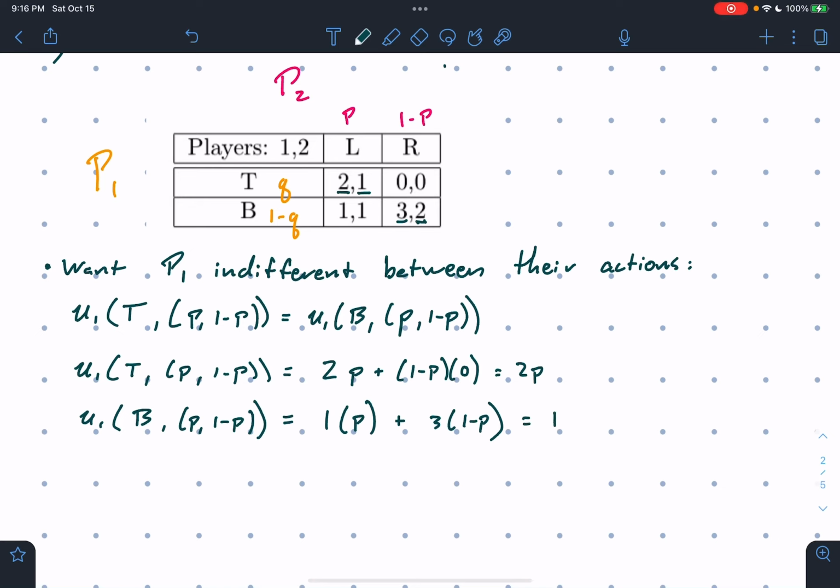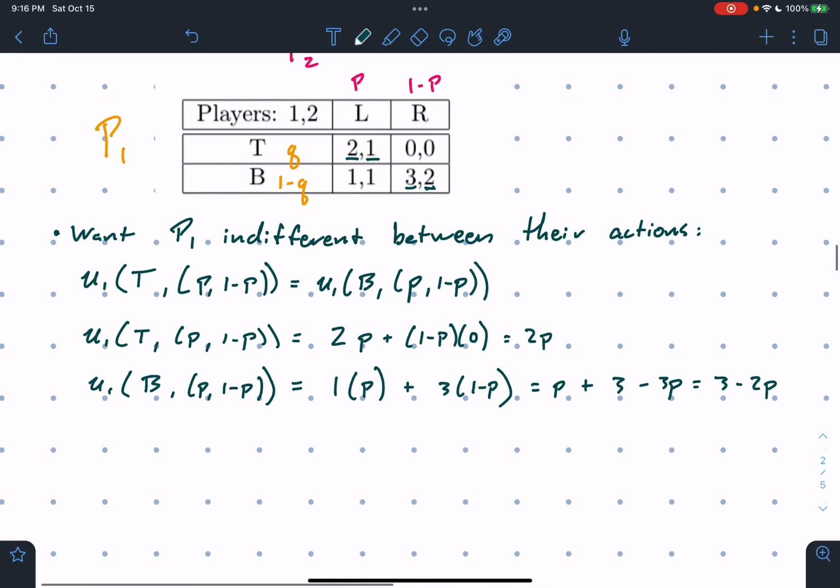This is just P plus 3 minus 3P, so it is 3 minus 2P.